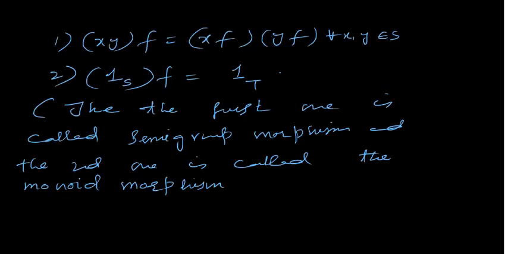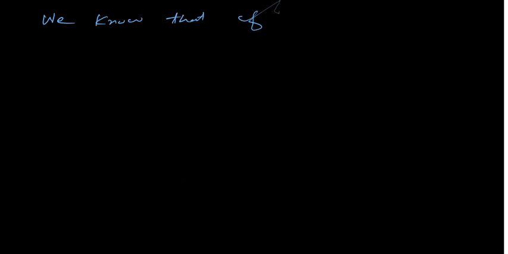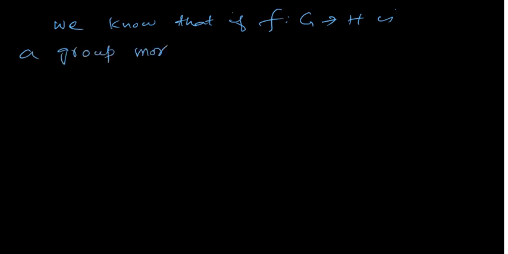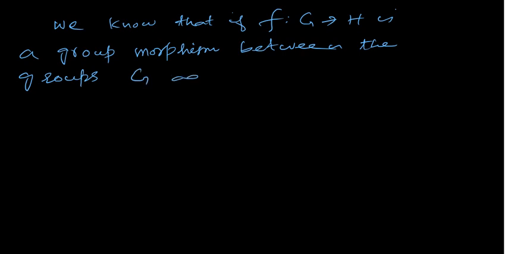Okay. So as you know, in case of groups, if f is a group morphism between the groups G and H, then f of 1G is equal to 1H.